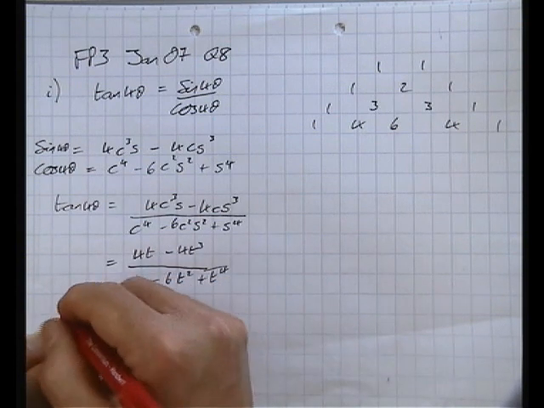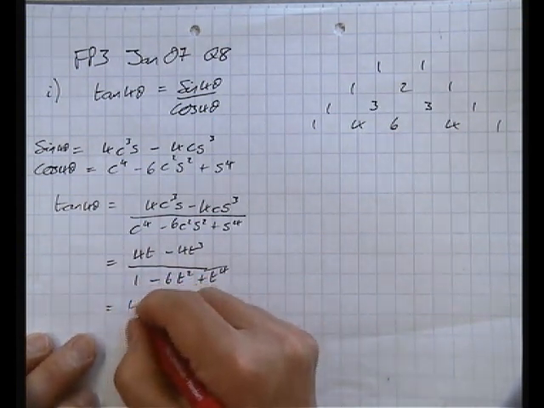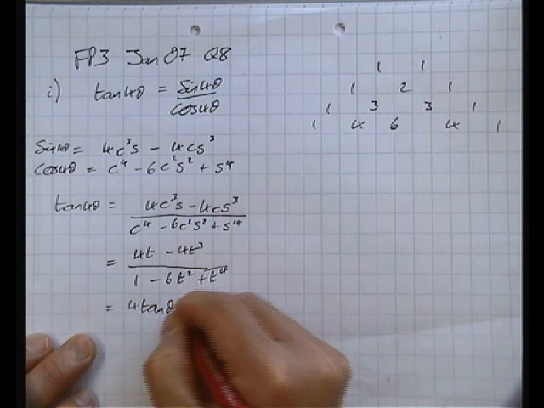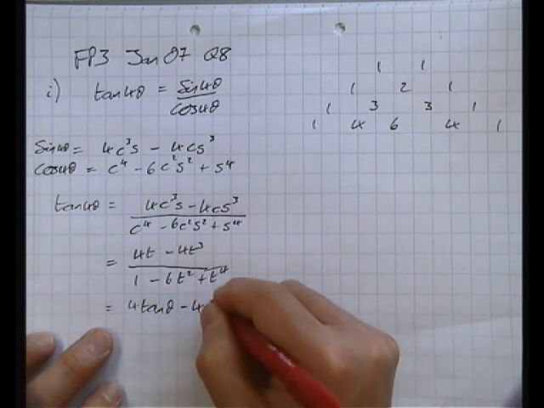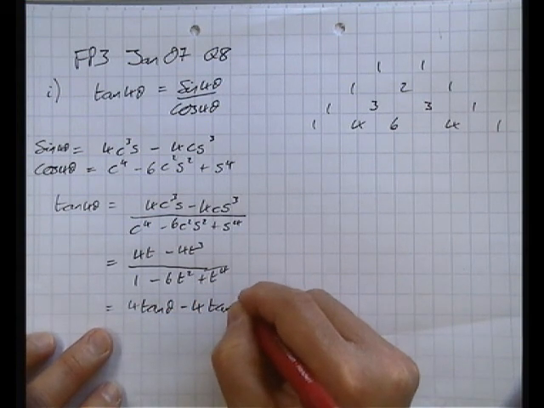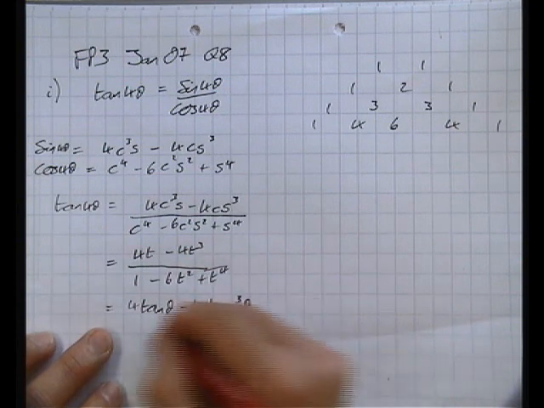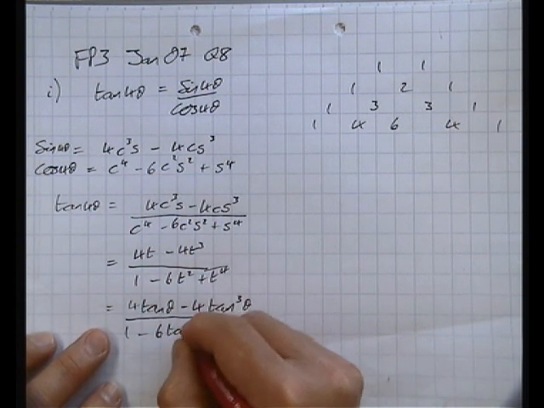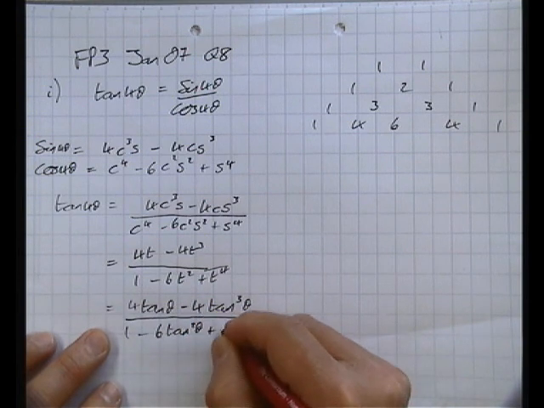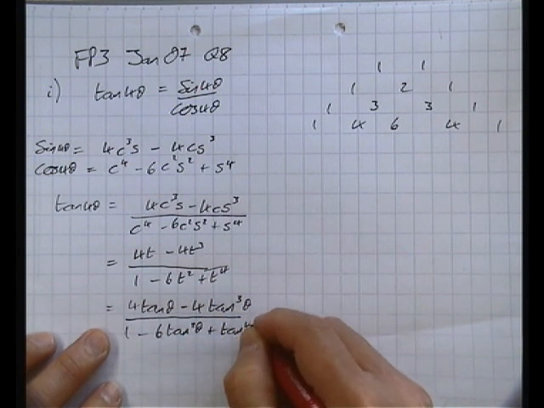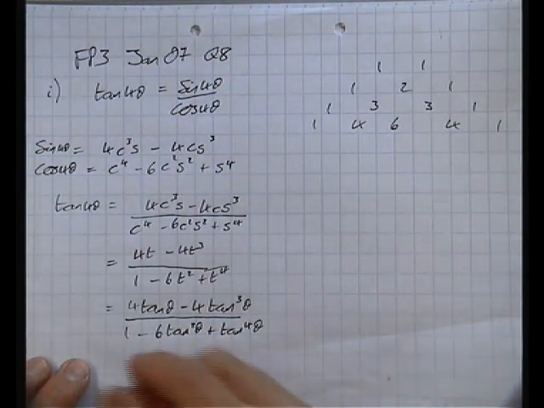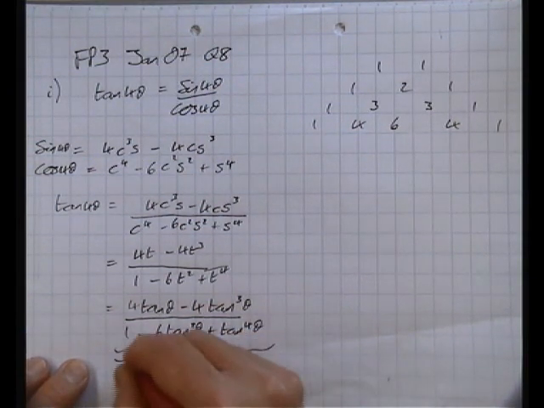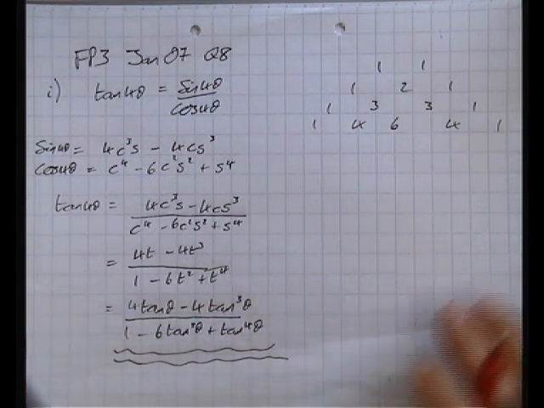And so in terms of tan theta, that's going to be 4 tan theta minus 4 tan cubed theta, all divided by 1 minus 6 tan squared theta plus tan to the 4 theta, which was what they required for the first part of that question.